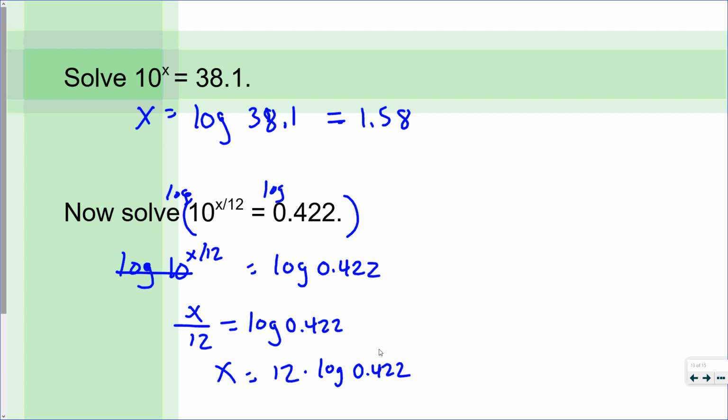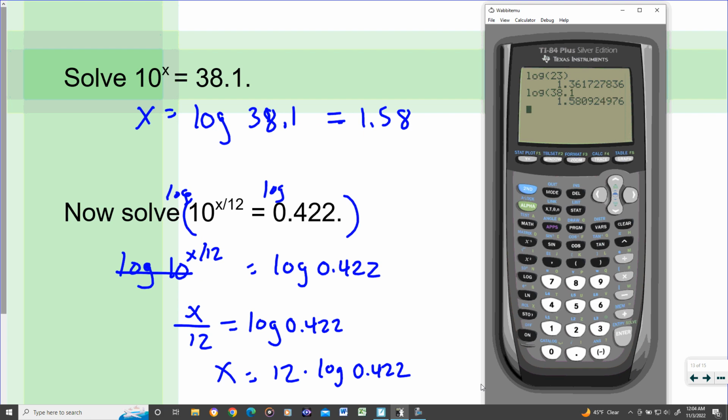Rather than doing the log of 0.422 out first, I'm just going to do this all in one shot. Now you could write it out first, write it down, and carry that all the way through if you want. It does not matter. Log of 0.422.